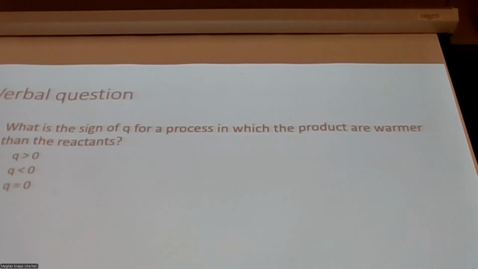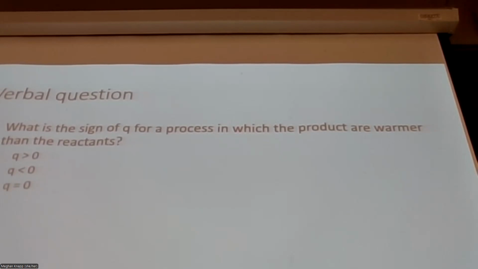Okay, we've talked about endothermic and exothermic and indicating things. So which sign do we use if the product is warmer than the reactants? Just think about, did that system have to produce heat, or did that system have to absorb heat?